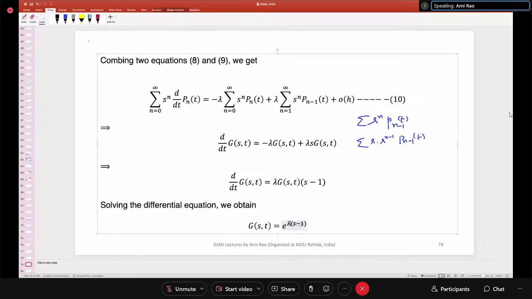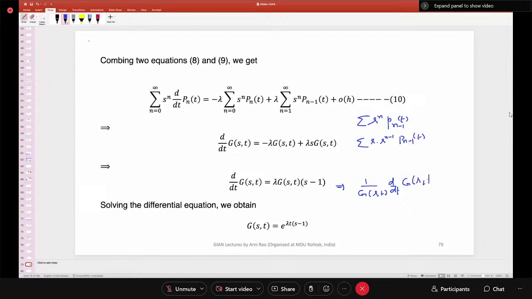So before I come there, I want to show that differential equation. So this equation further implies, bring the variable: 1 by G(s, t) d by dt G(s, t) equal to the right hand side, lambda times s minus 1.